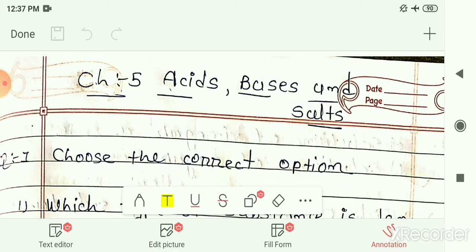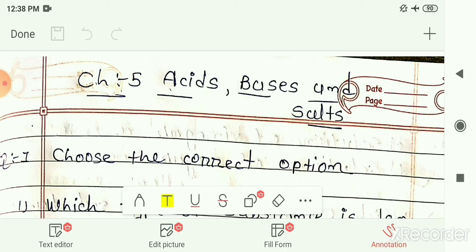This neutralization reaction is used for the treatment of acidity, ant bite, acidic or basic soil treatment and factory acidic waste treatment. So these are the uses of this neutralization reaction. These are the different things we had seen in this chapter. And then after we had seen the textbook solution for this chapter, which you have to write in your notebook.